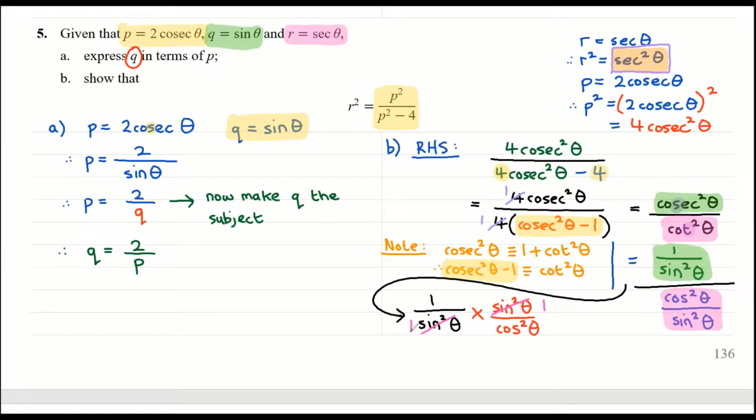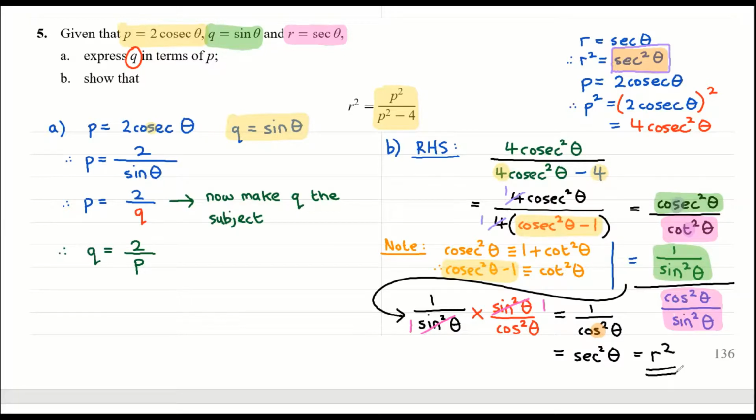So we are simply left with 1 over cos squared theta. And you'll know from the third letter rule that 1 over cos squared is, of course, sec squared. So there's our answer. This is equal to sec squared theta, which is, of course, r squared as required.